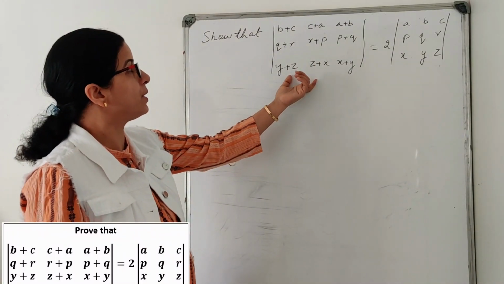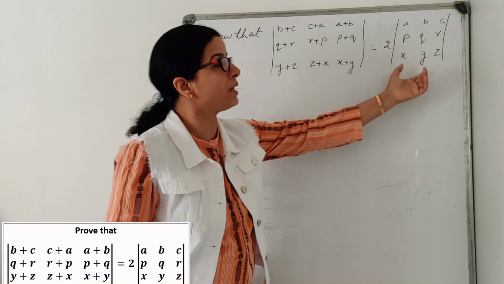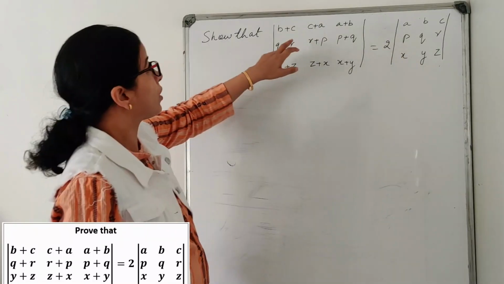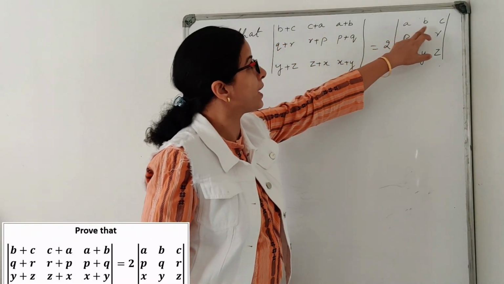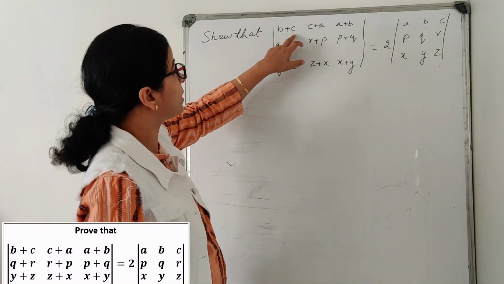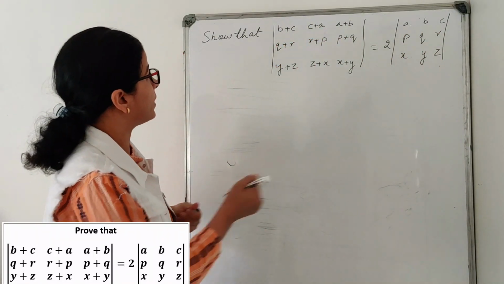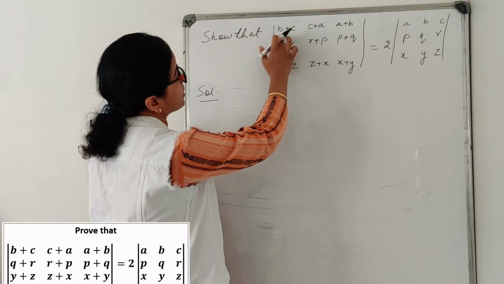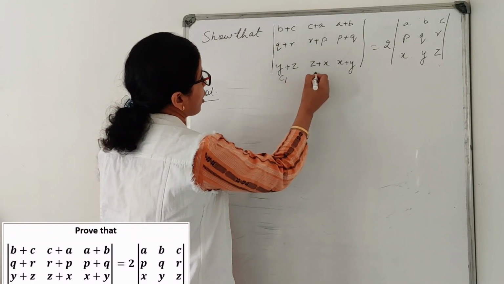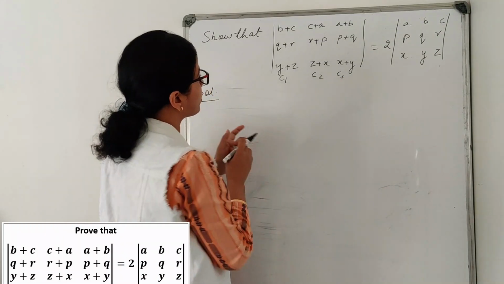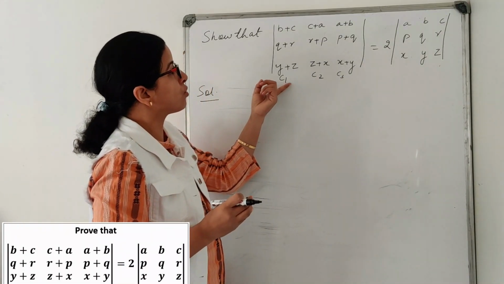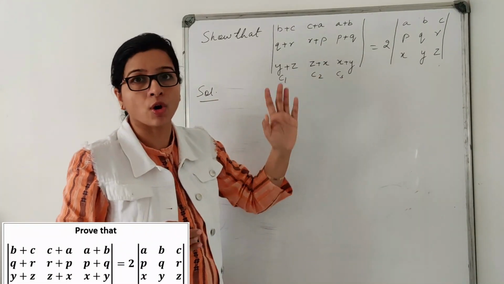So in this, the determinant is equal to twice the other determinant, right? Here what we have in the first row a, b, c. Here I have b plus c, c plus a, a plus b, right? So what I am going to do is, if I am making a change in C1, this is my column 1, column 2, column 3. What I am going to do is, column 1 tends to column 1 plus column 2 plus column 3.